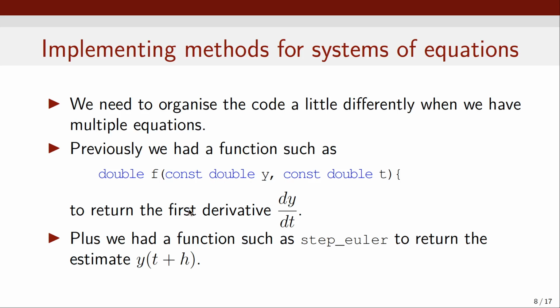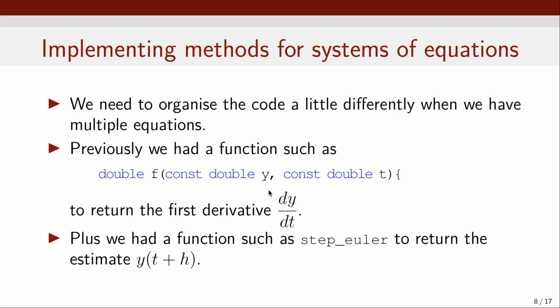That function returned the first derivative dy/dt. And we also had a function such as a step Euler function that would take an Euler step using this function f and would return the estimate y at t plus h. So it would take one Euler step and calculate the function at the next step t plus h.